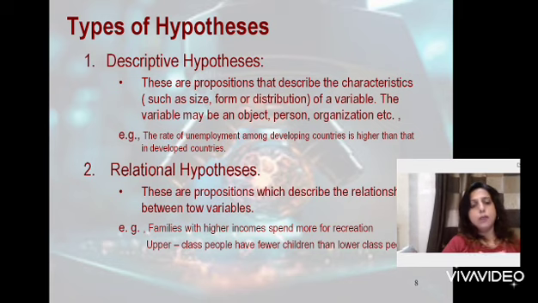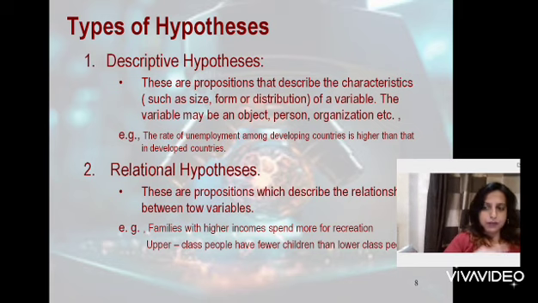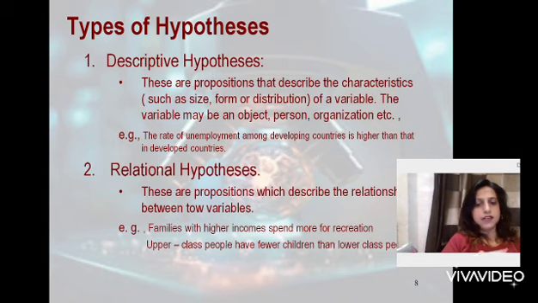Second, we have the relational hypothesis. Now when we talk about the relational hypothesis, it describes the relationship between two variables. So when we talk about the relationship between two variables, we often stick to two particular events or two particular phenomena. So we have, families with higher incomes spend more on recreation products. Here we are talking about the upper class and middle class.